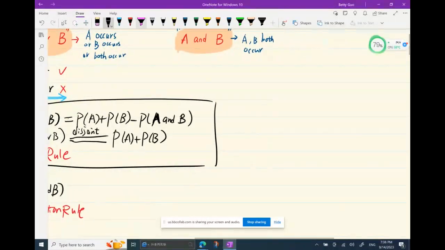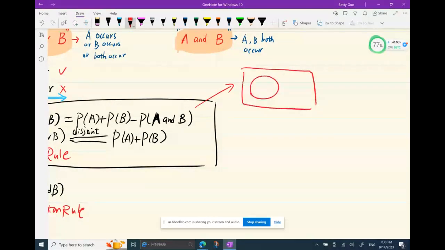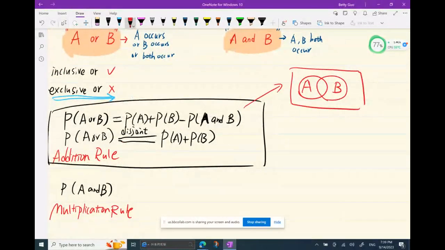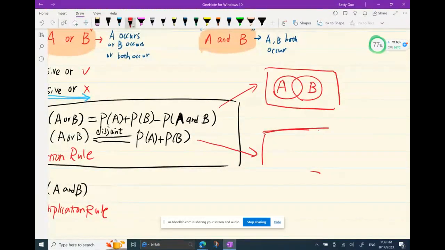If I use a Venn diagram to describe it, let the set of A represent event A occurring and the set of B represent event B occurring. They could overlap. That's the first case. In the second case, the special case, A and B are disjoint, which means the two events are not possible at the same time.